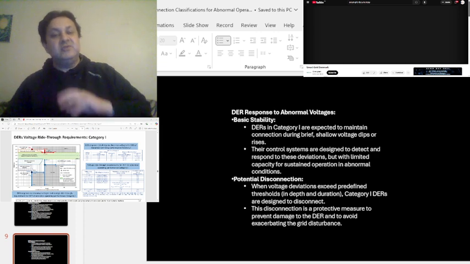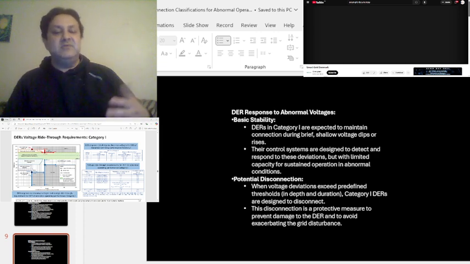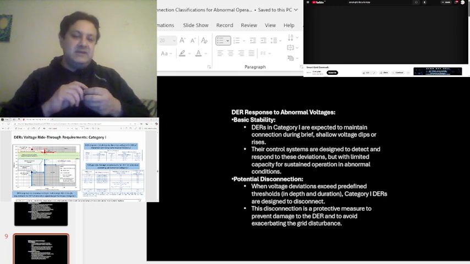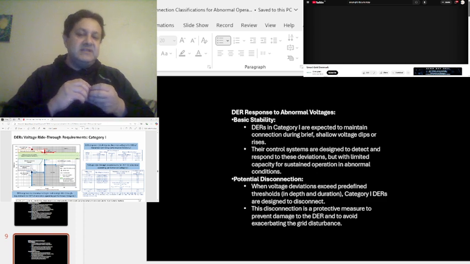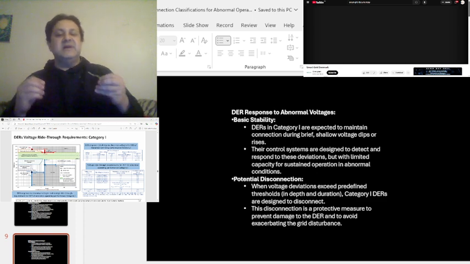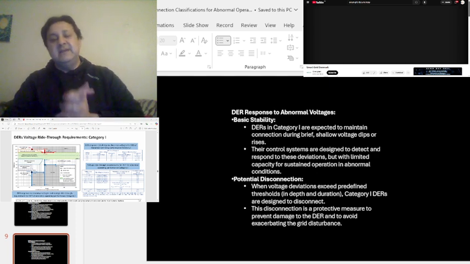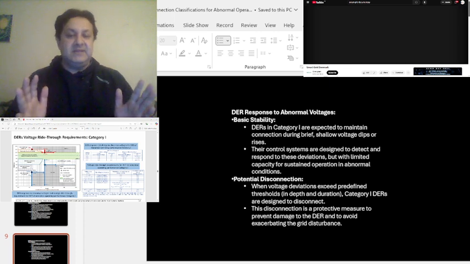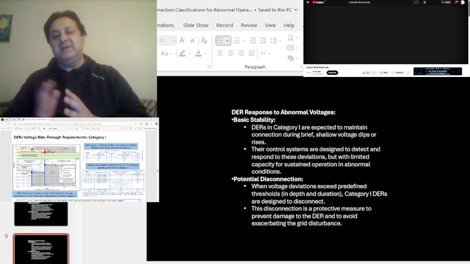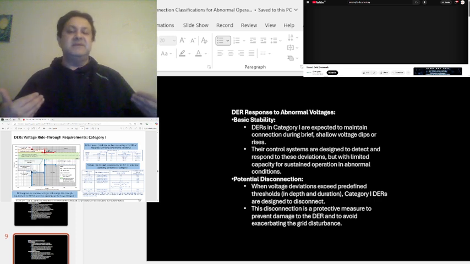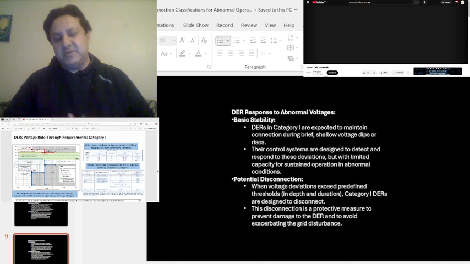Their control systems are designed to detect and respond to these smaller deviations, but with limited capacity for sustained operation in abnormal condition, because this is something very limited that we just spoke about before.